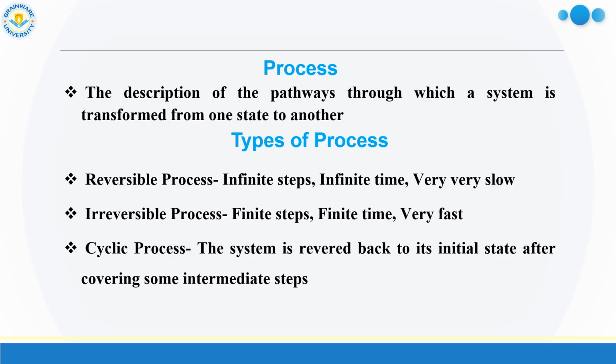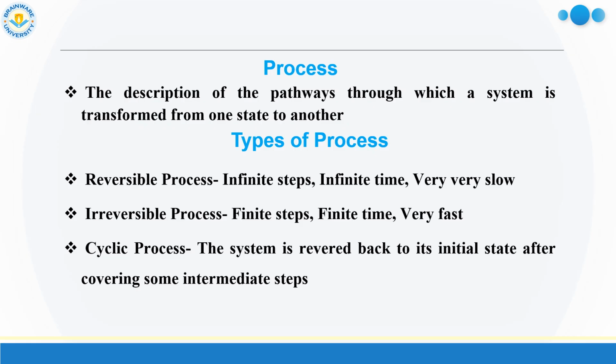This takes an infinite number of steps to complete, and consequently infinite time is required, and it is a very slow process. At each step of this process the system is in equilibrium with the surroundings, whereas an irreversible process occurs in a finite number of steps, so finite time is required, and this is a very fast process. For an irreversible process the system is in equilibrium only at the final state of the process.